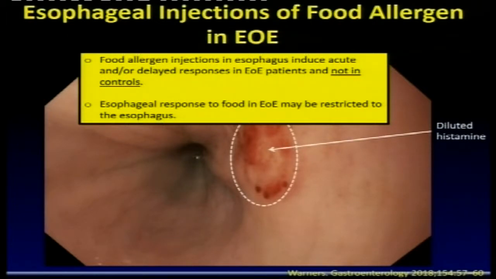So it's very promising, and I'm expecting that maybe we'll do this test instead of the skin test. It's a small number, but they have ongoing trials to demonstrate that esophageal injection of food allergen shows the response is restricted to the esophagus. It's a very, very interesting study.